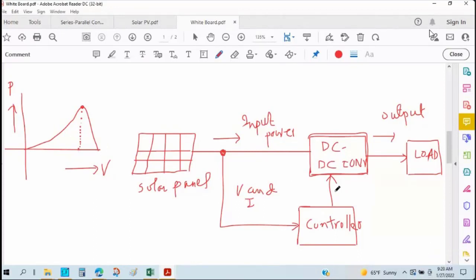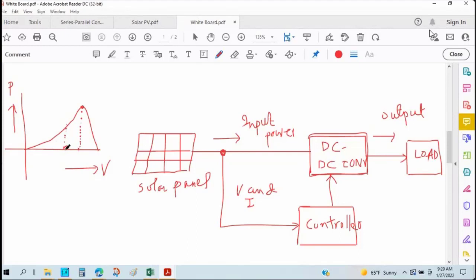Suppose the load is operating at a particular voltage, at this voltage. And from the curve, we can easily say that we cannot get maximum power. So we will try to increase the voltage. We will increase this operating voltage.